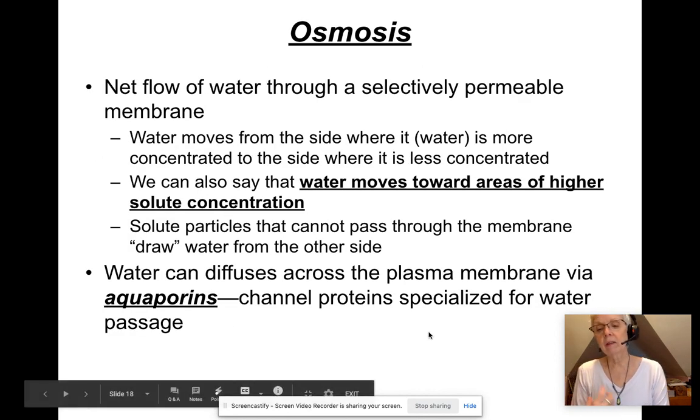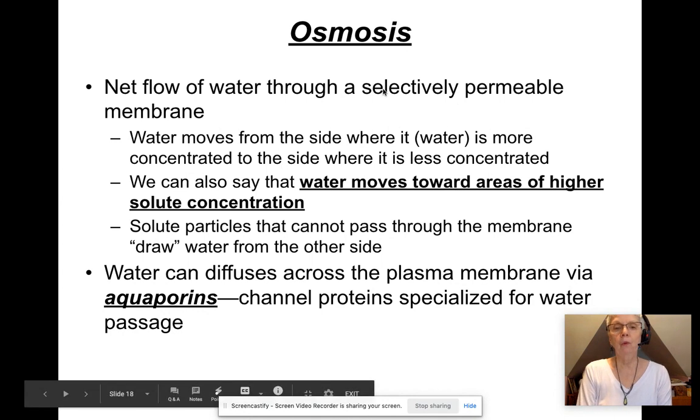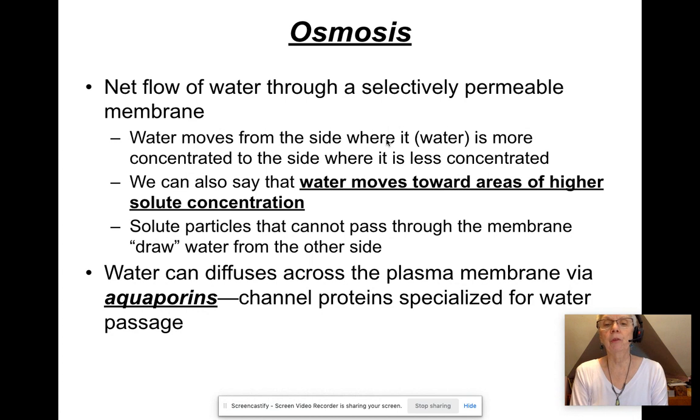Now, osmosis is another form of diffusion. It just has to do with liquids or water. So the net flow of water is through the selective permeable membrane, and it moves from the side where water is more concentrated to where it is less concentrated. And we can also say that water moves towards areas of higher solute concentration.